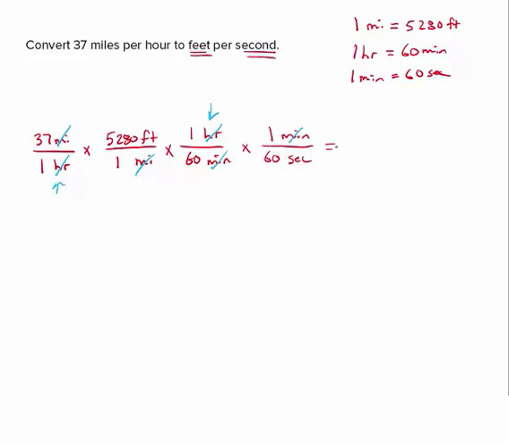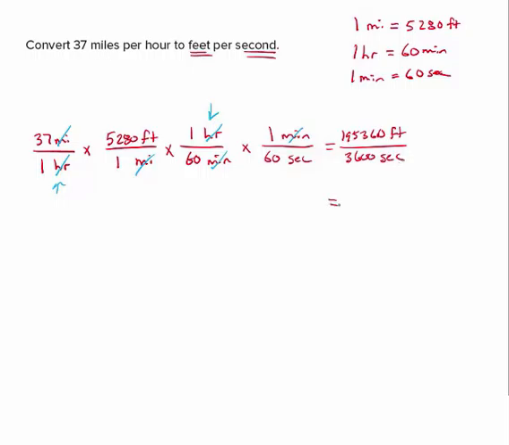So if we multiply everything in the numerator, 37 times 5,280 times 1, we get 195,360. That is feet, and then that is divided by 1 times 1 times 60 times 60. That's 3,600 seconds.